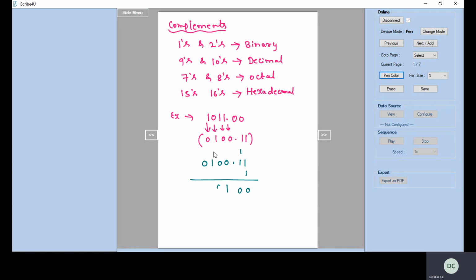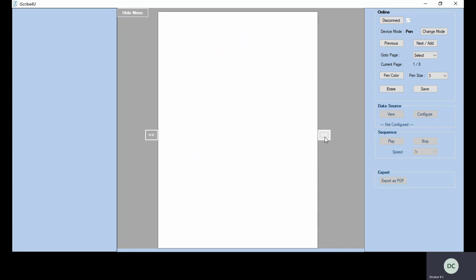So the ones complement of a number can be obtained by changing ones to zeros and zeros to ones, and the twos complement of a number can be obtained by adding 1 to the ones complement of a number.